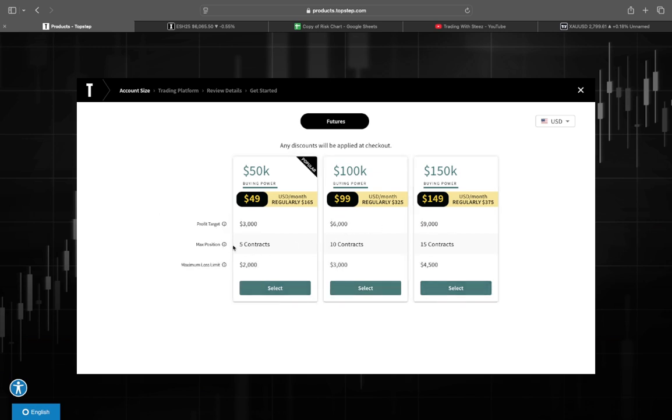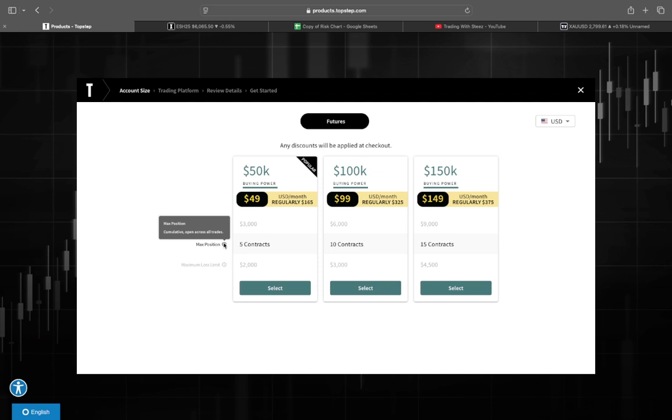Now the maximum positions here are the maximum amount of contracts you can have running at one time or open, no matter how many trades you have open. So if you choose the 50K account, you can have more than one trade running, but you can only have 5 contracts open. Like, let's say you have two trades open, the maximum amount of contracts you can have within those 2 trades is 5 contracts.